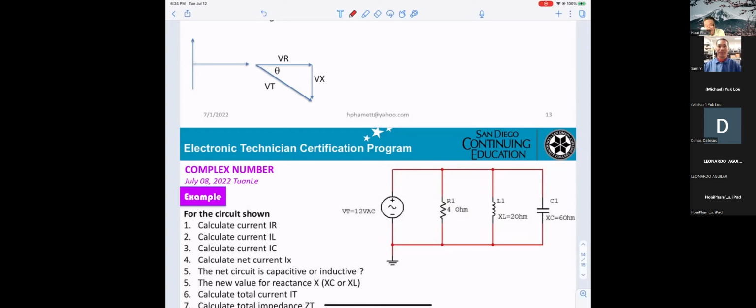Also make sure you download the handout for how to use the oscilloscope.